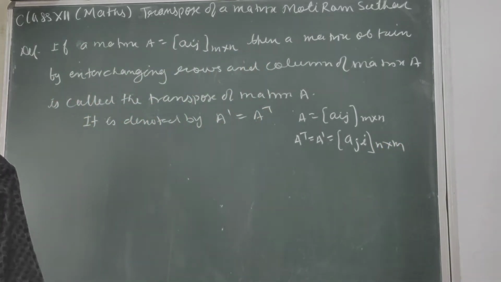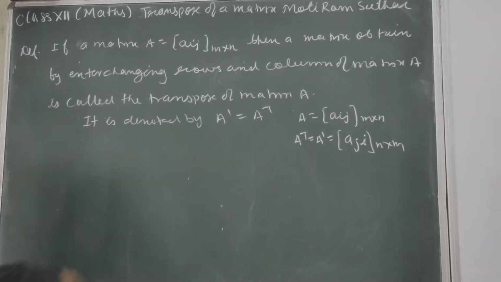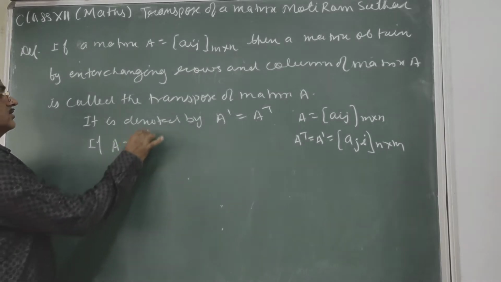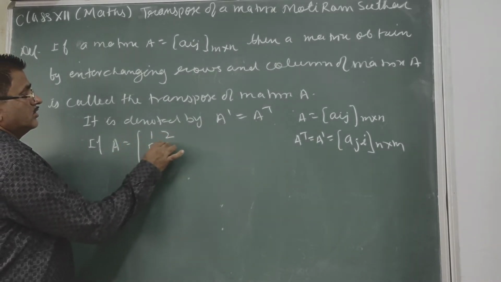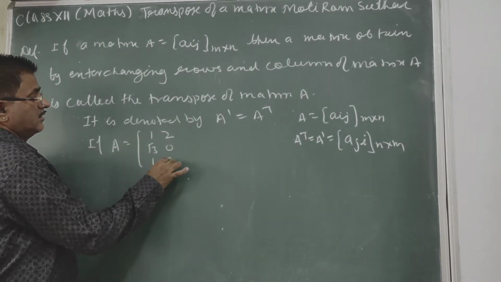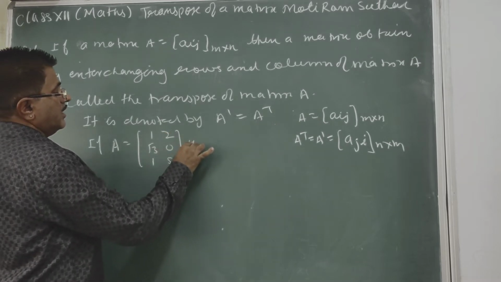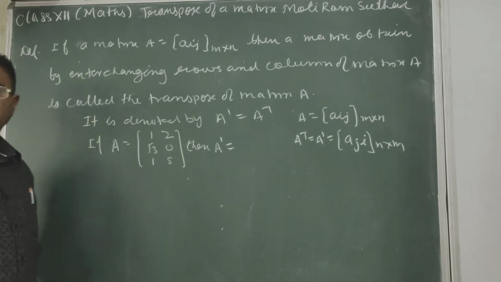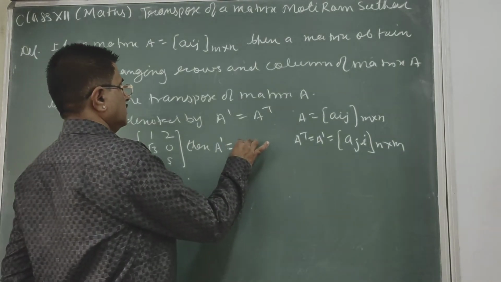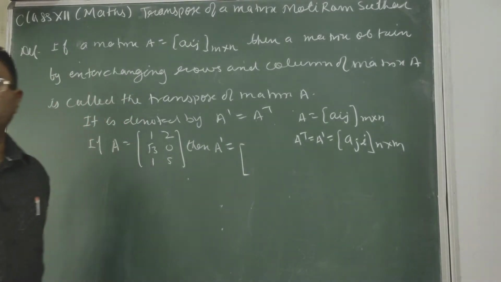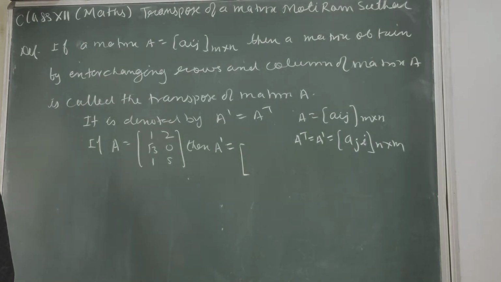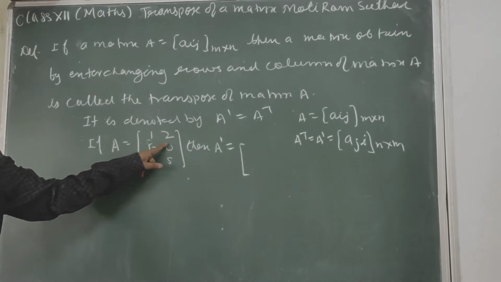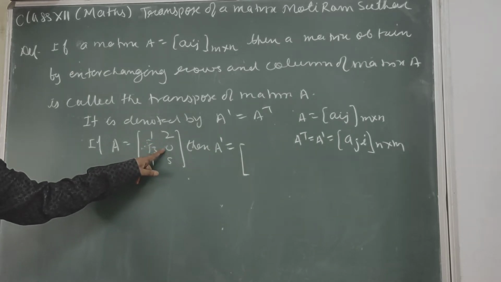Clear? Like suppose we take an example: if A matrix is like this, 1, 2, root 3, 0, 1, 5, then its transpose, that is A dash matrix, will be, now we are saying the rows change into columns. So the first row, 1 2, this is the first row containing elements 1 2.